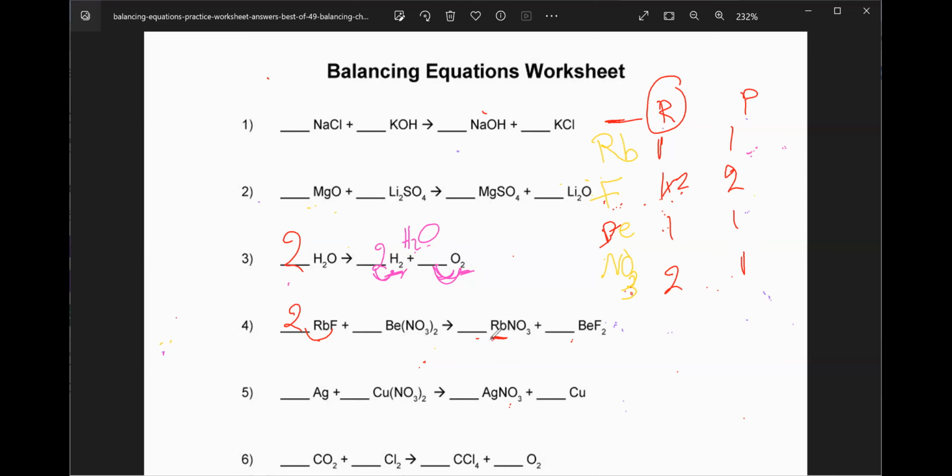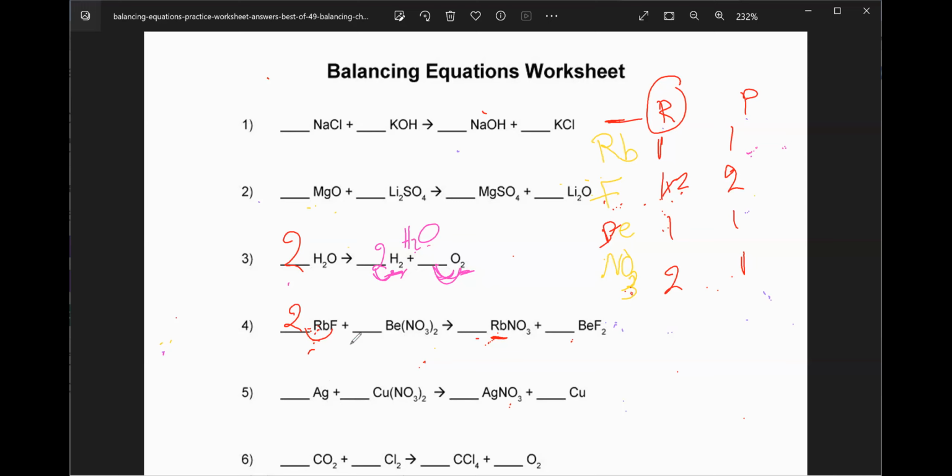Rubidium is going to be two and also fluorine.